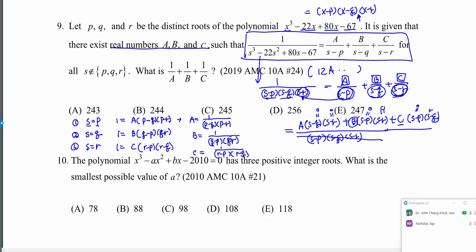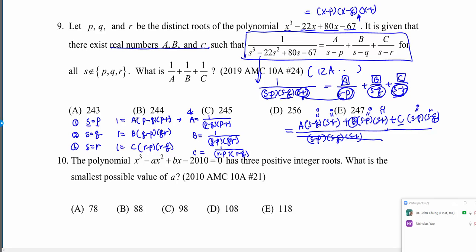But that's a reciprocal, 1 over A. That's fine. 1 over A is the reciprocal of this one, so it doesn't matter.